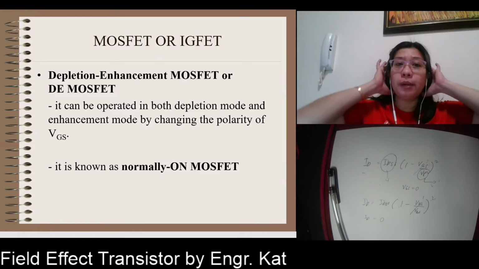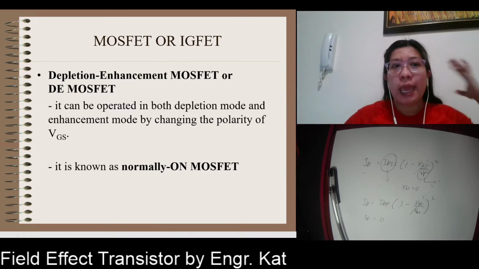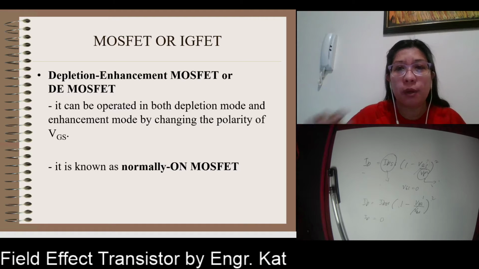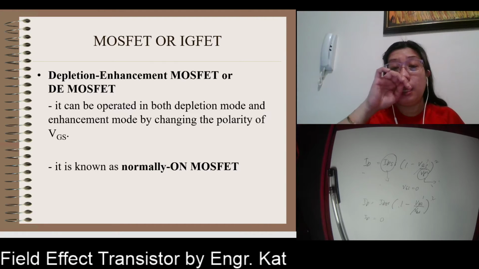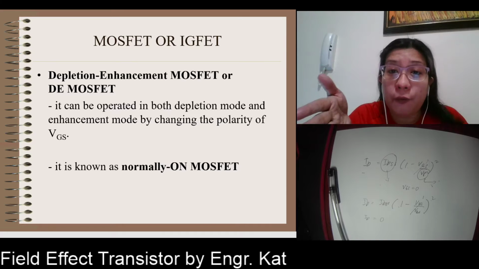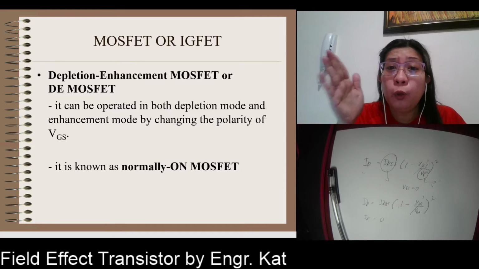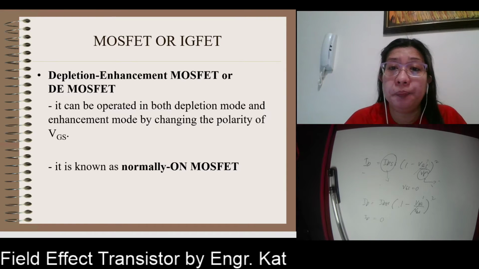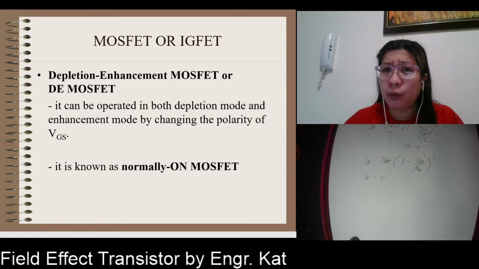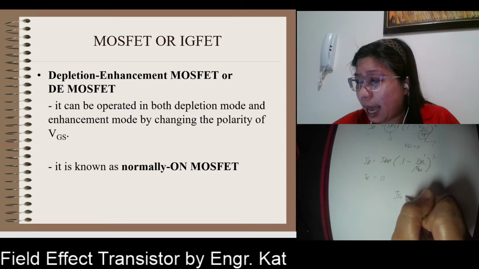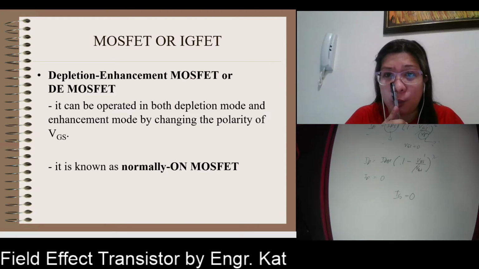It can be operated in both the depletion mode and the enhancement mode by changing the polarity of your VGS. For JFET, we always make your VGS reverse bias. Why? Because the number one rule is that we have to make IG equal to 0.